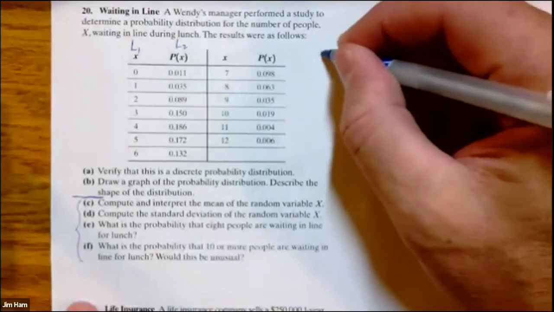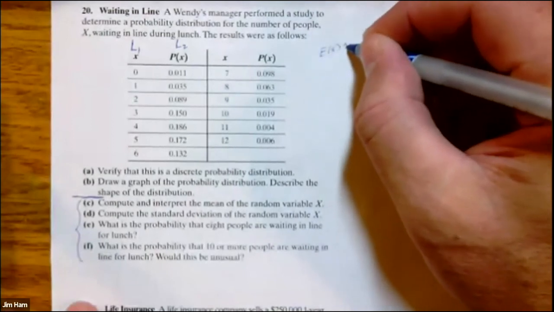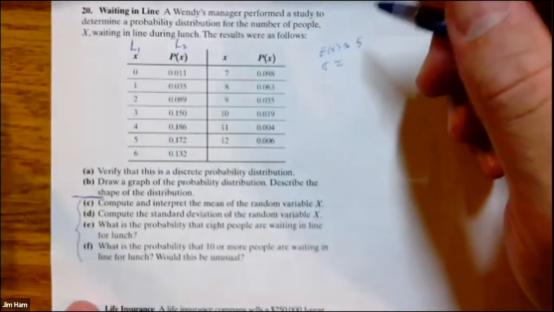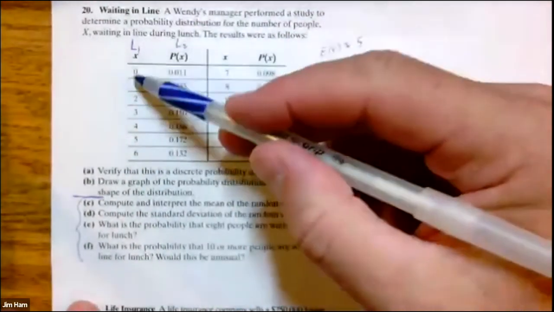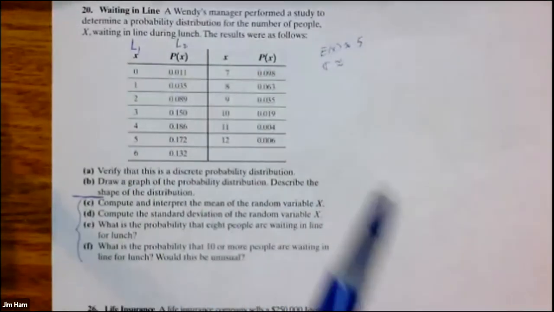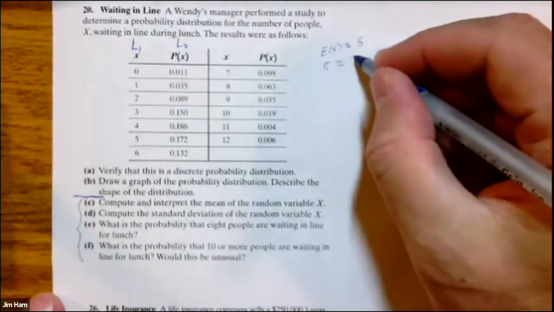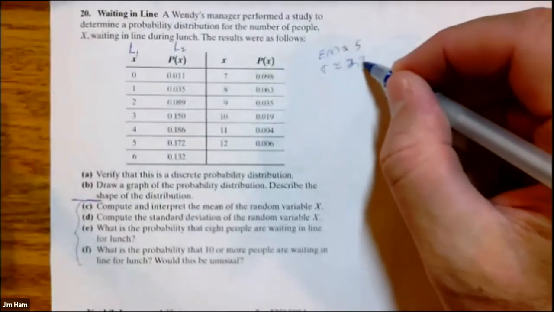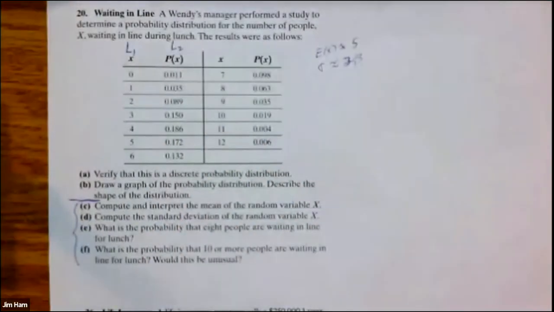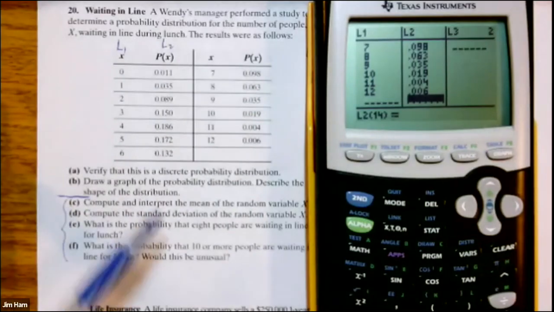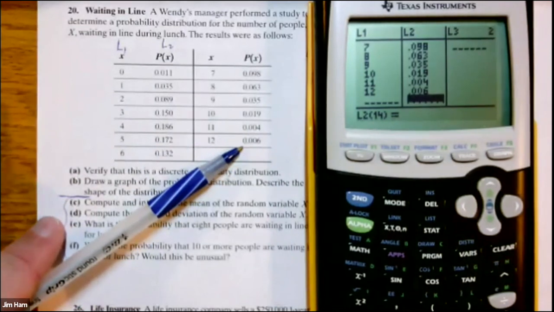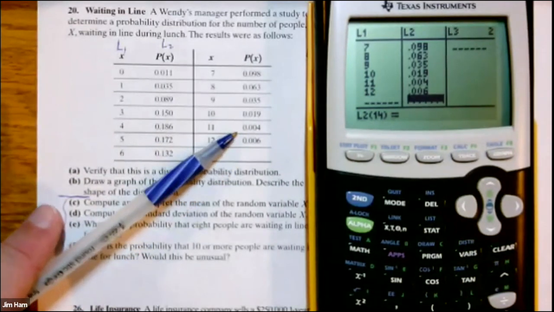So expected value, I'm guessing, is about 5, and the standard deviation, again bell-shaped, from 0 to 12, that's 12. Divide by 4, it's about 3. It might be lower than that. If we divide 12 by 6, it's going to be 2. So somewhere between 2 and 3, maybe. Like there's a higher chance that there's 12 cars waiting in line than there are 11. Interesting.